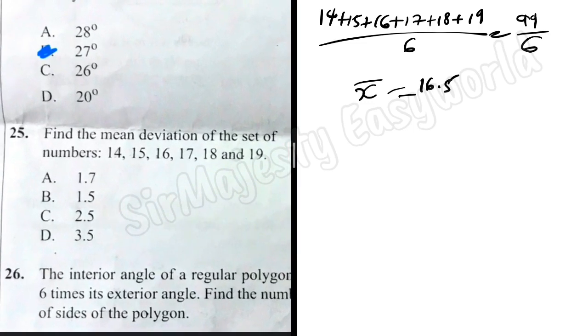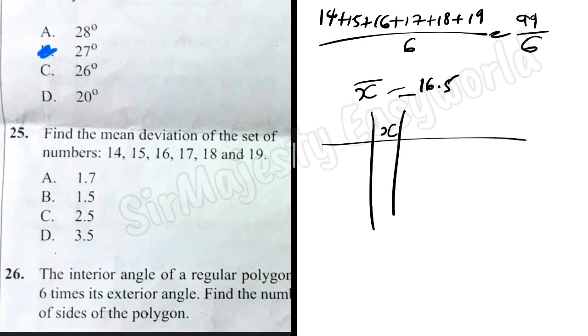Then we're going to find the mean deviation. Let's draw a table. These are x and our modulus of x minus the mean. So this is 14, 15, 16, 17, 18, and 19. And we already know that our n is equal to 6.